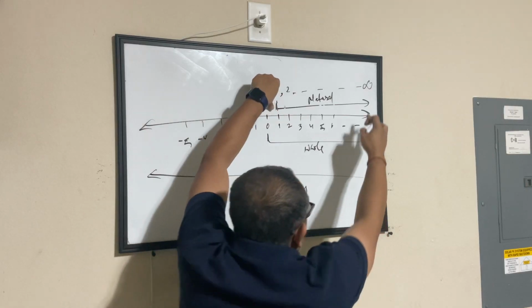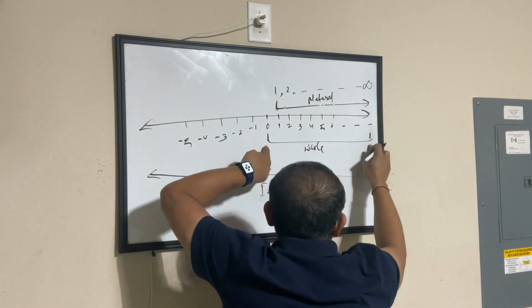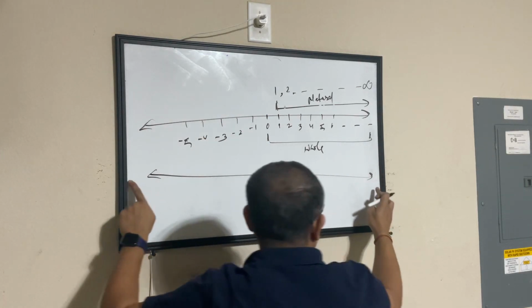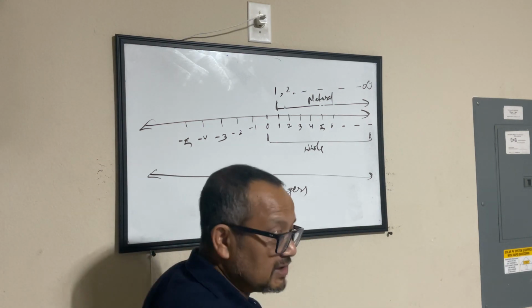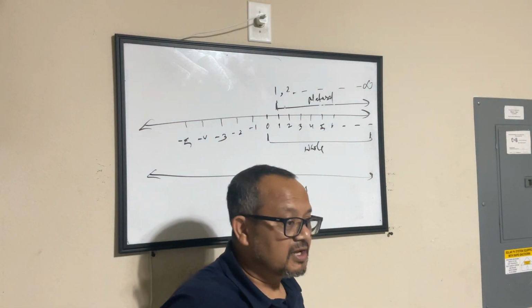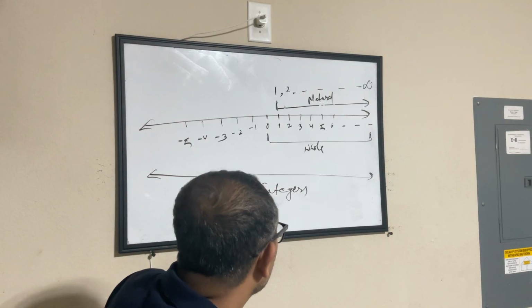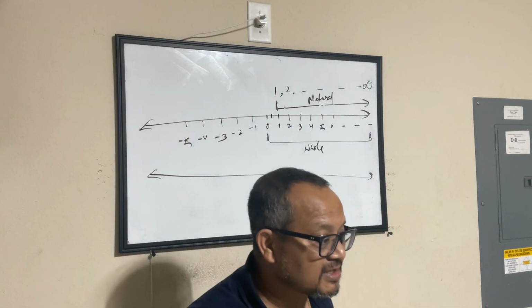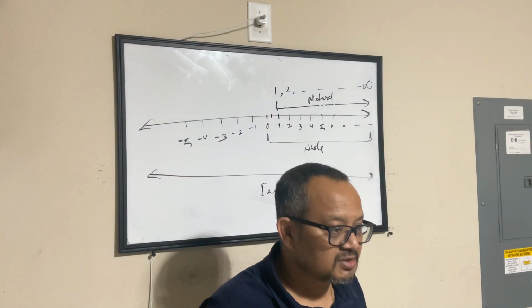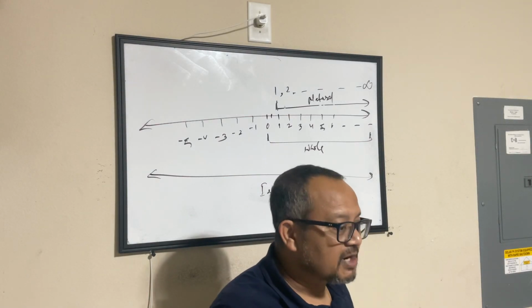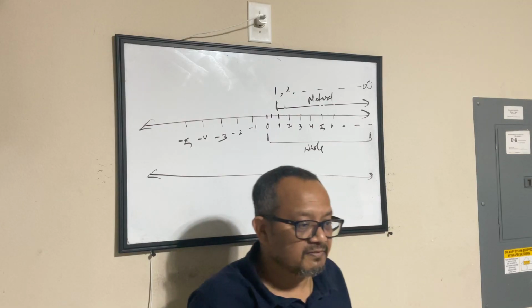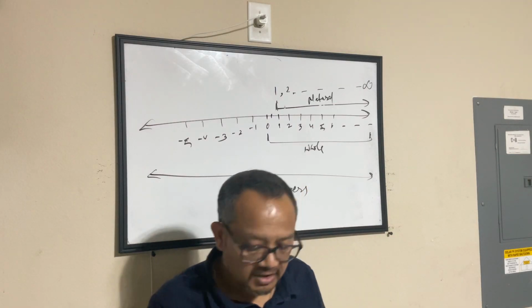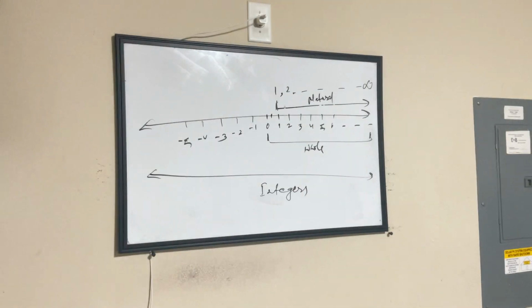So all positive numbers are natural numbers, include 0, that becomes whole numbers, include negatives, that is integers. So we'll talk about other forms, where we talk about decimals, fractions, rational numbers and real numbers, in the next class, and then we'll talk about how you classify them and how you deal with them.